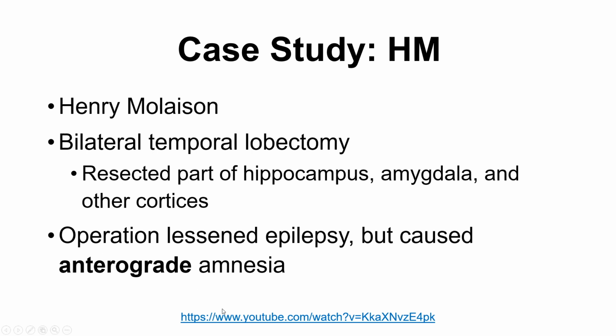And the video that goes along with this case study actually gives you a full rundown of HM's history and the people who studied him, as well as some of the techniques that they used to study this, including tracing between lines by only looking in a mirror and seeing how he learned to do the procedure, even though he didn't remember having ever done the task, which is very, very interesting.